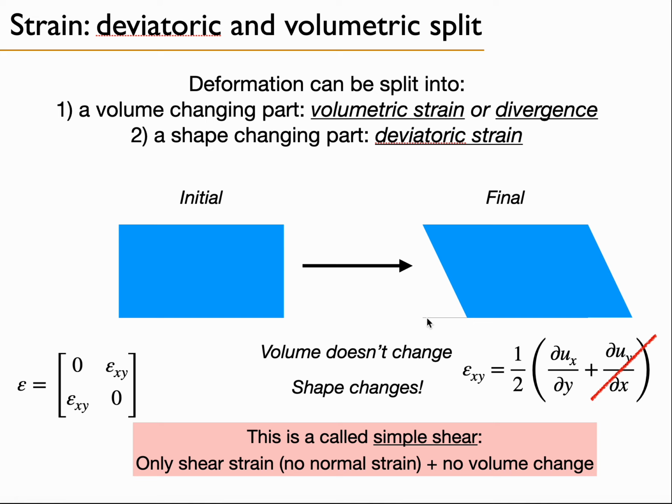So here you change the displacement ux with regard to y. So ux here is 0, and ux here is maximized to explain the change of shape from here to there. So ux varies with y, and there is no variation of uy with regard to x.